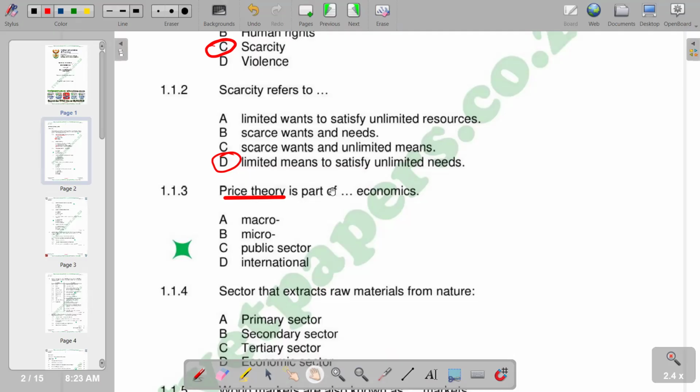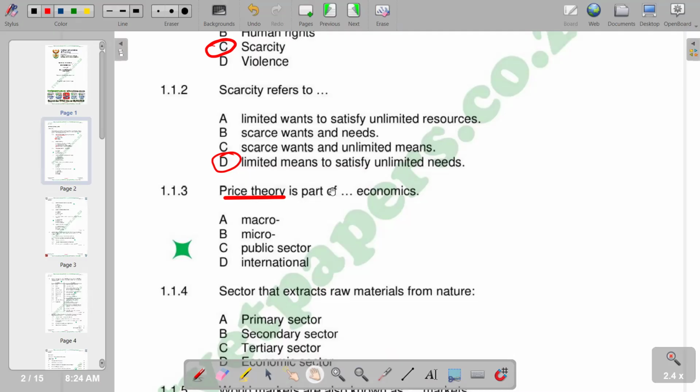Microeconomics is the study of the decision making behavior of households or firms on how they allocate limited resources to produce, distribute and consume goods and services. So it analyzes the individual components to understand how they interact in markets.